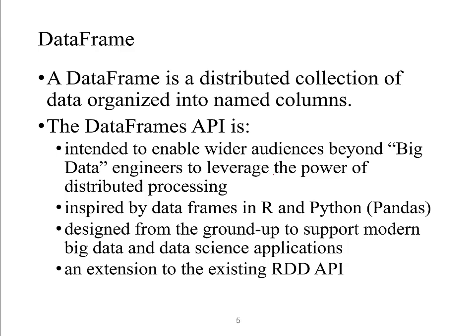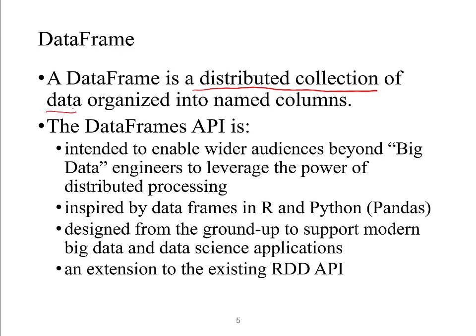A data frame is a distributed collection of data organized into named columns. There is several information in this sentence. It's a distributed collection, because we're talking about Spark, so it is distributed. That's why it can make use of different workers and speed up the procedure.